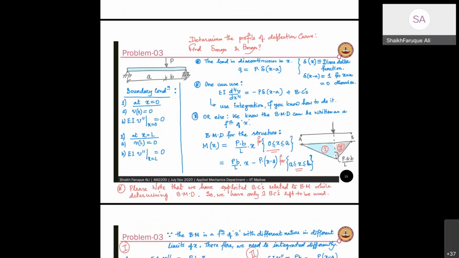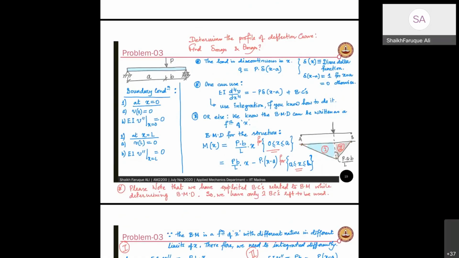And once you do its integration, you will get moments, or you can start from moment itself. You know the bending moment diagram. Once you know the bending moment diagram, you can do this integration up to this point and then do integration up to that point separately. So you'll get the deflection something like this. Either you start from bending moment directly, because bending moment is known to you for a simply supported beam with a point load, start with that and integrate twice to get your deflection, or you convert your P load to Q using the Dirac delta function.